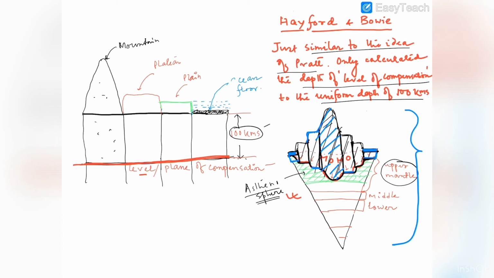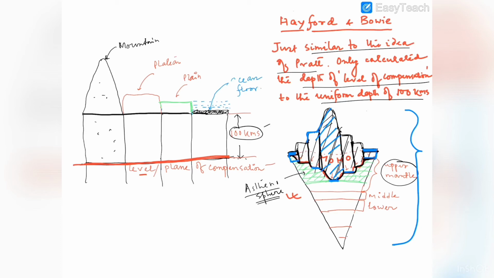But then if we speak about Airy, straight away he spoke about the level of compensation, and Hayford and Bowie said that that level of compensation is at the 100 kilometer depth, which is wrong, because here we have seen that the root of a mountain is at a larger depth, which is almost 80 kilometer.